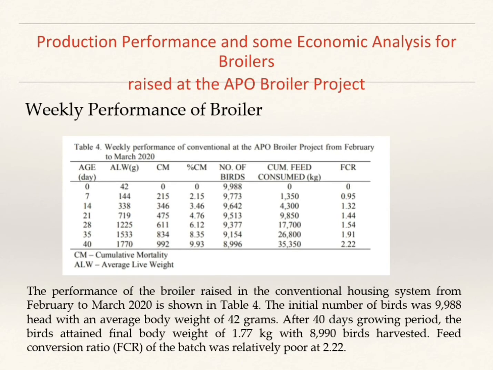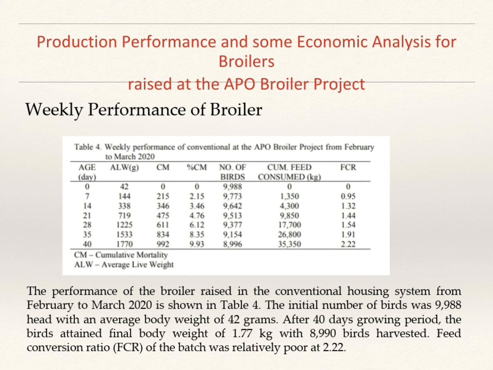Production performance and some economic analysis for broilers raised at the APO broiler project. This table shows the weekly performance of broilers. The performance of the broilers raised in the conventional housing system from February to March 2020 is shown in this table.